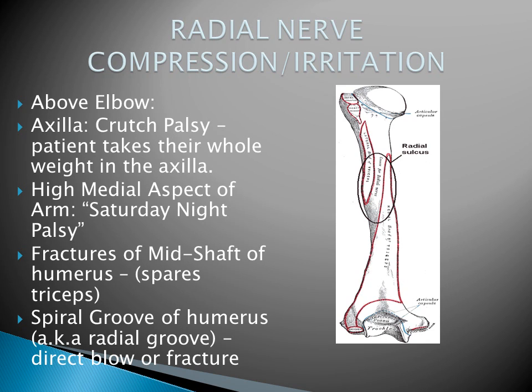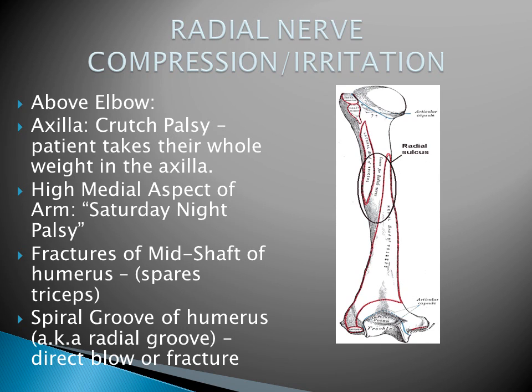Occasionally, you can have a radial nerve compression due to fractures of the midshaft of the humerus, because the radial nerve travels down through the backside of the midshaft of the humerus in the radial spiral groove, and the nerve can be inflamed, compressed, and or irritated with a direct blow or fracture of the midshaft of the humerus.